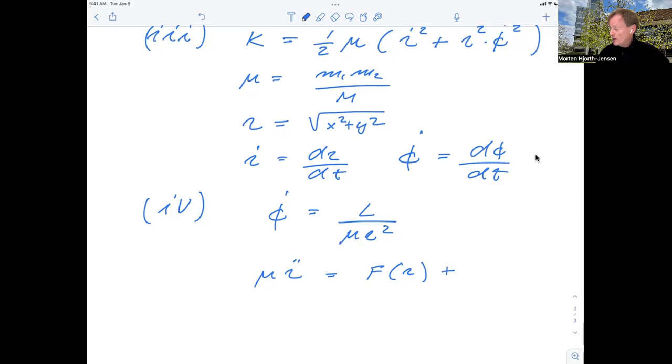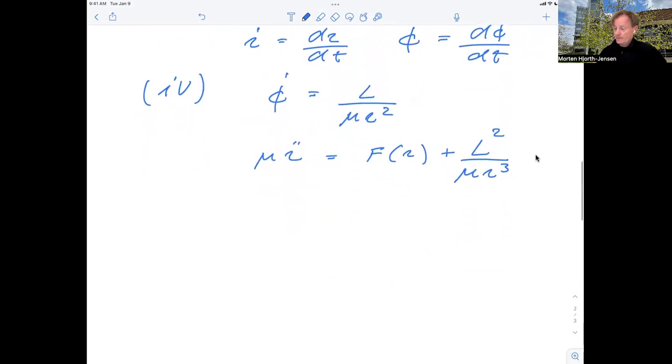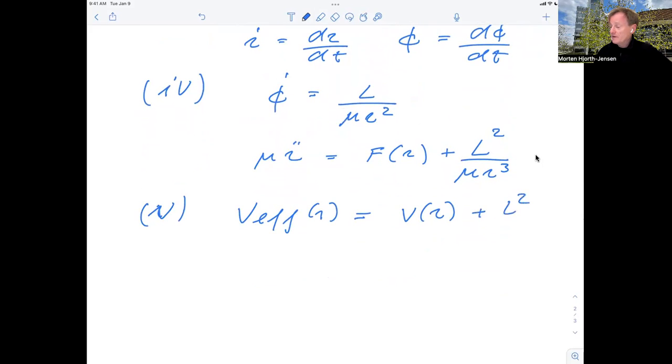We are operating with relative coordinates only, and we could rewrite this in terms of an artificial term, which we use to define a so-called effective potential. So this led to the definition of what we had defined last week as an effective potential, V effective of r, which is given by the original potential, which depends only on the relative distance and its magnitude, plus L squared divided by 2 times mu times r squared.